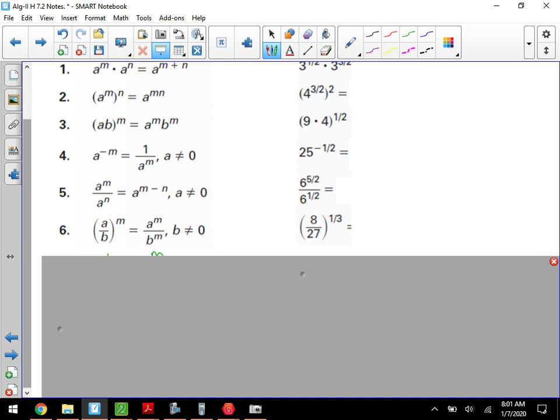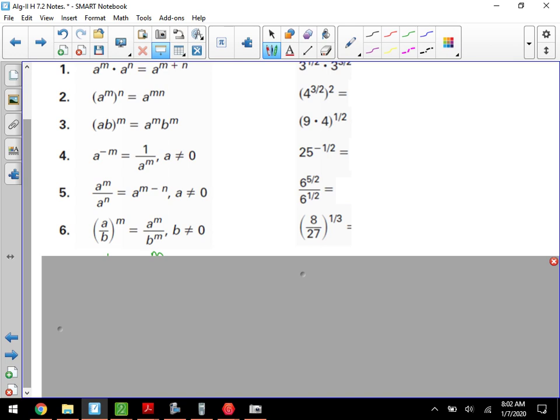What does 1/3 power mean again? Cube root. What's the cube root of 8? And the cube root of 27? Okay. And that's where these go.